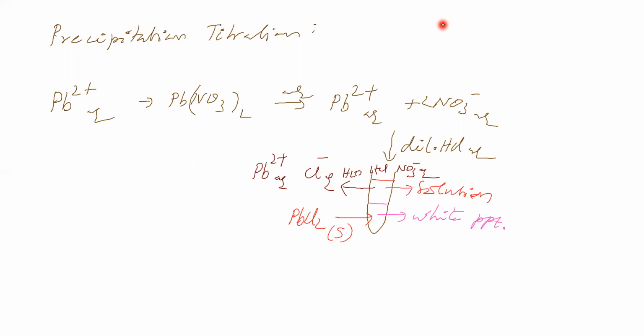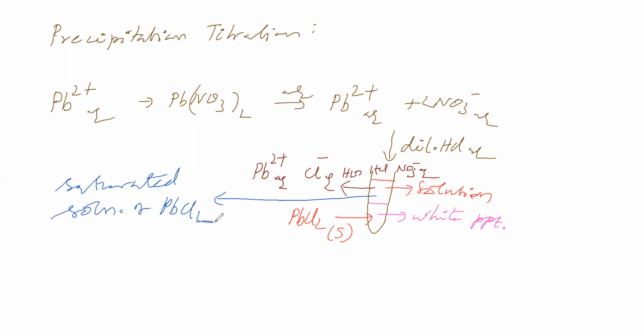So here the precipitate is there, and the solution contains these ions, so we can say this is a saturated solution of PbCl2.